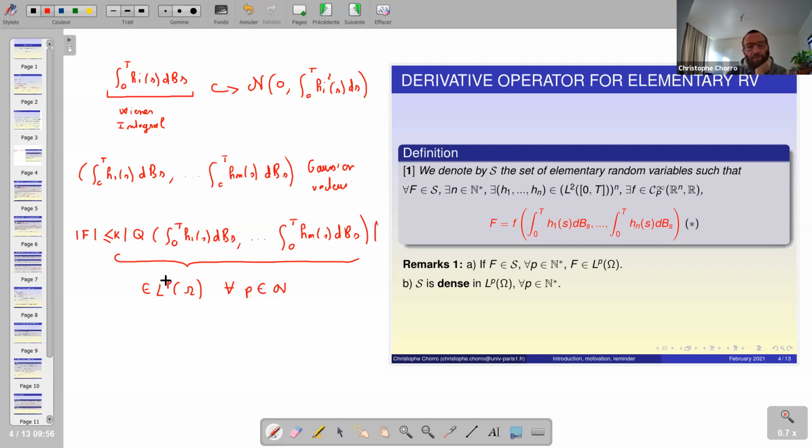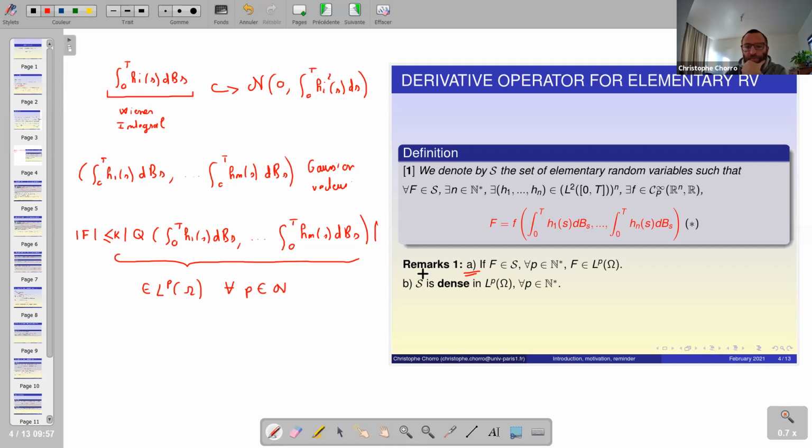So this random variable fulfills good integrability conditions, in the sense that it has moments of all order, because it is a regular mapping with polynomial growth depending on the Gaussian vector. That is the aim of the first remark, small a.